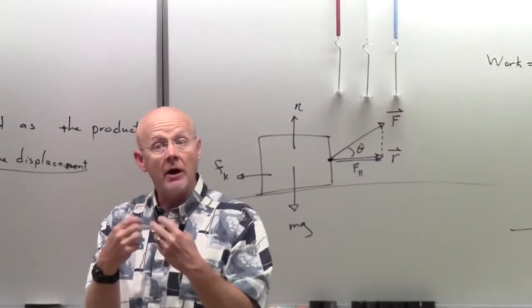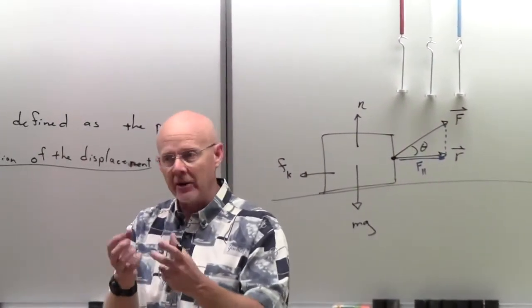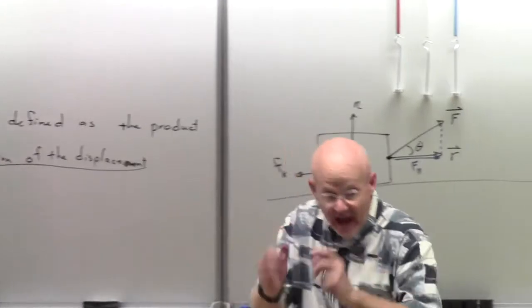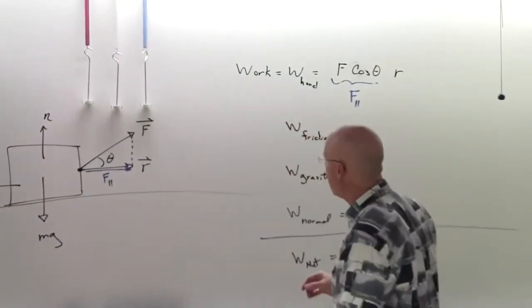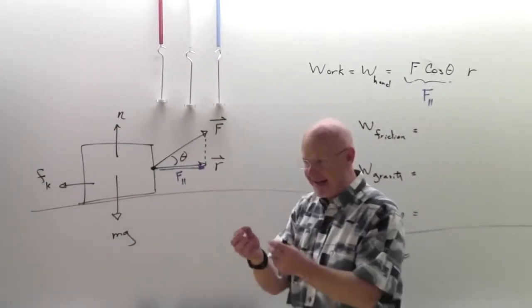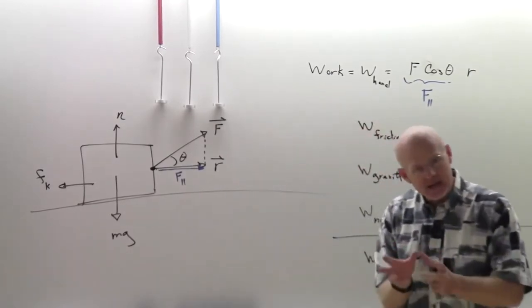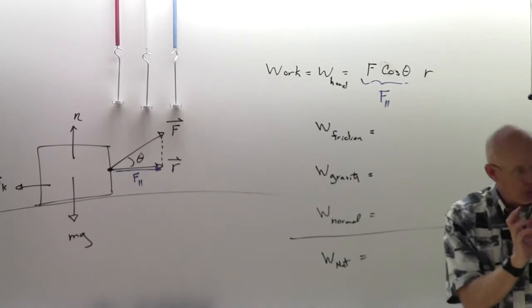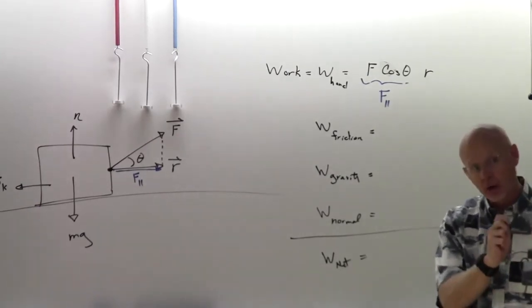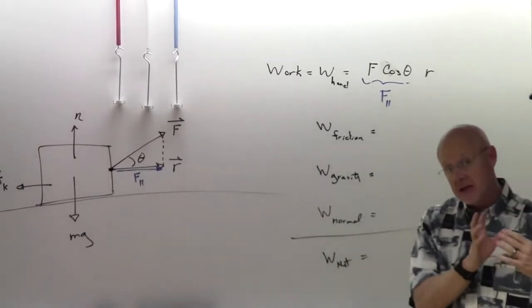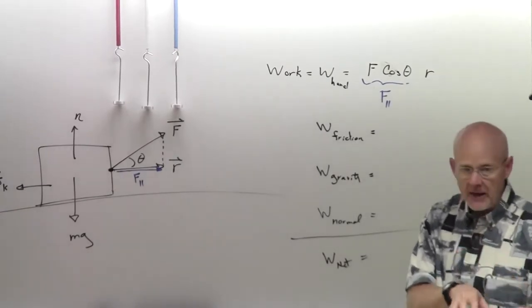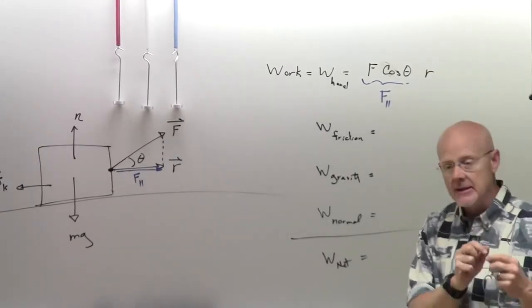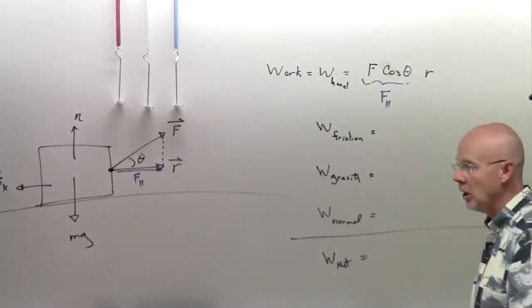But we also have other work which can come out to be negative. That occurs mathematically when the angle here is more than 90 degrees, and that tends to make our objects go slower. As we keep working on the math, we'll have something called the work energy theorem, and we'll begin to see positive work makes our objects go faster and negative work makes it go slower.